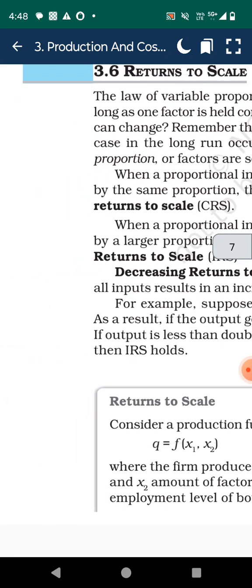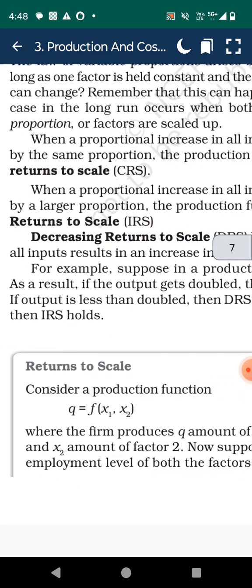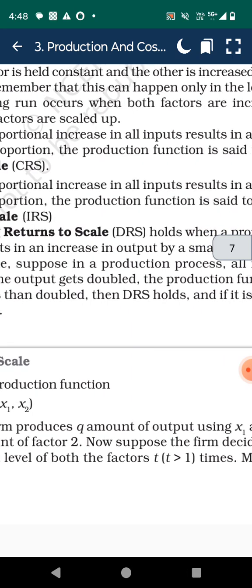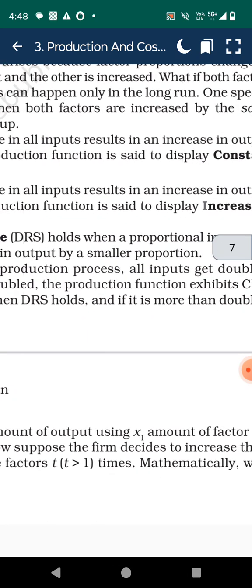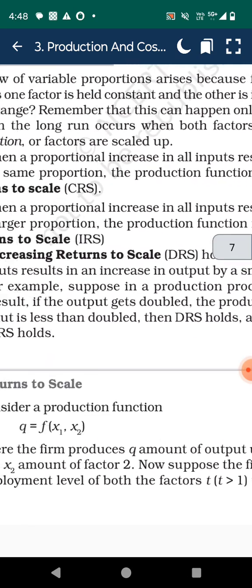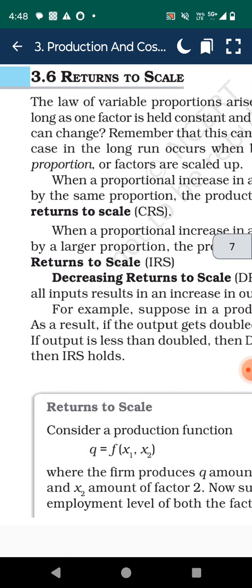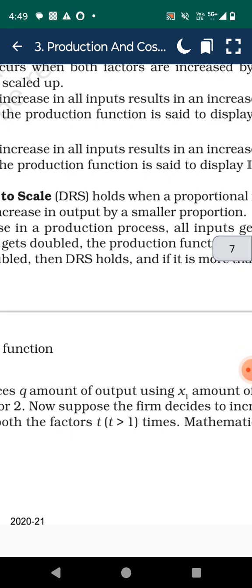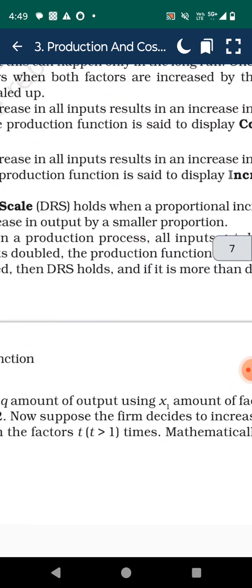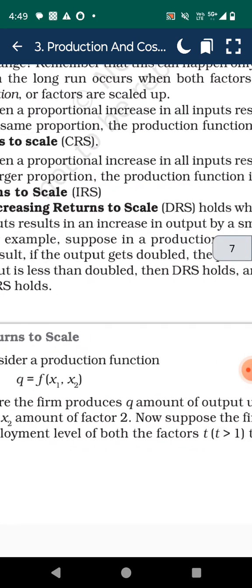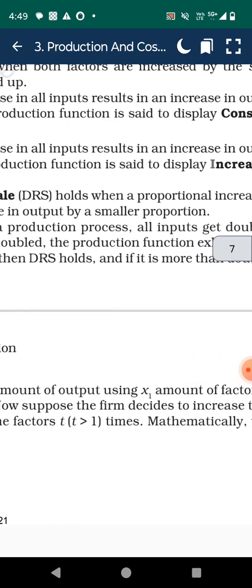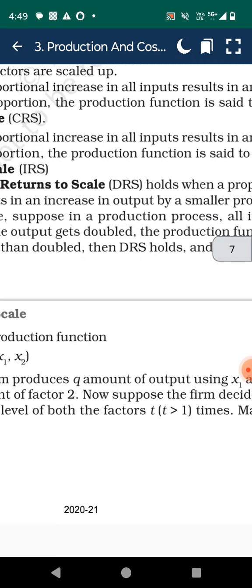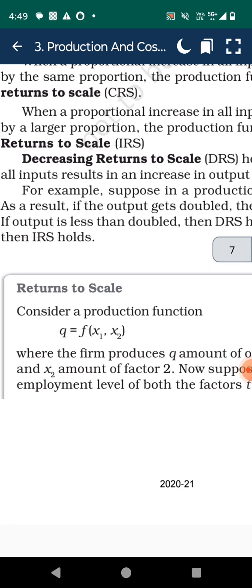One special case in the long run occurs when both factors are increased by the same proportion, or the factors are scaled up. When the proportional increase in all inputs results in an increase in output by the same proportion, the production function is said to display constant returns to scale.